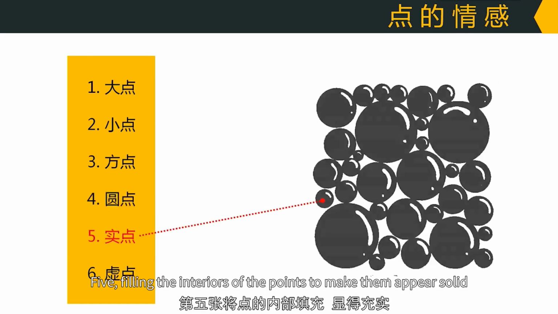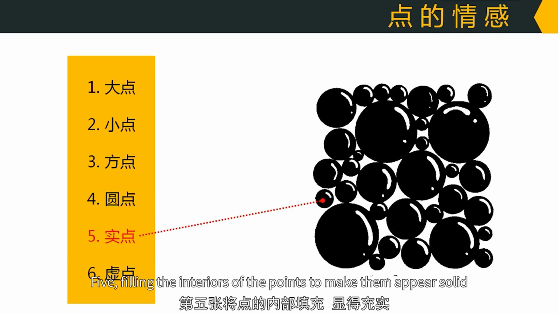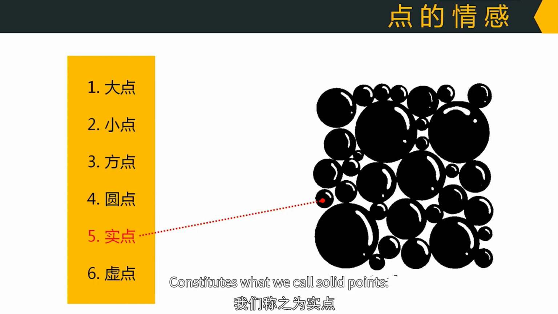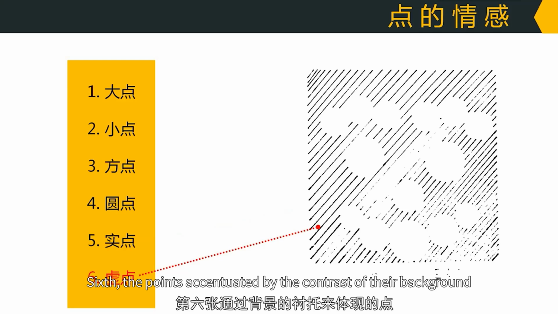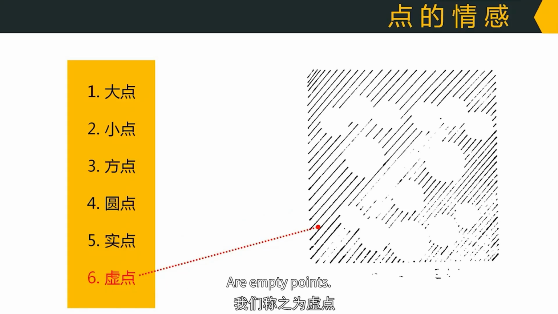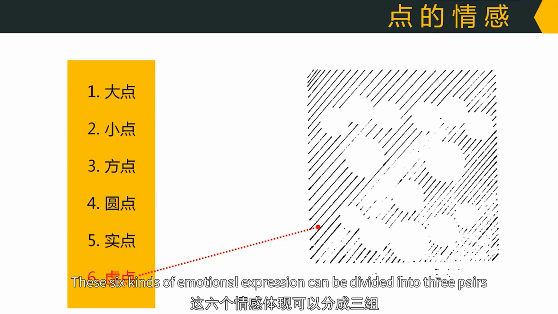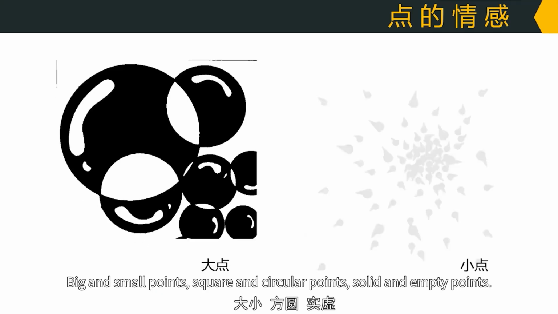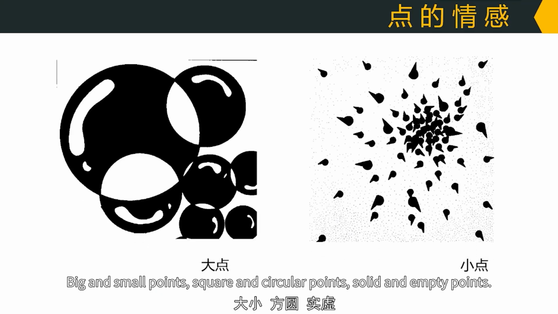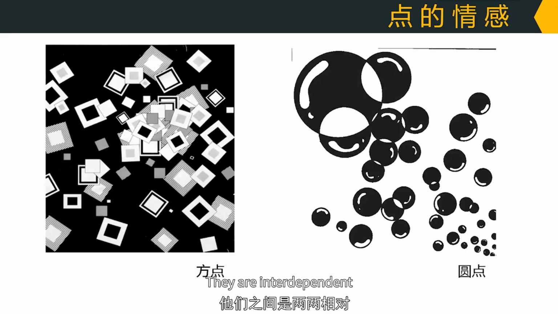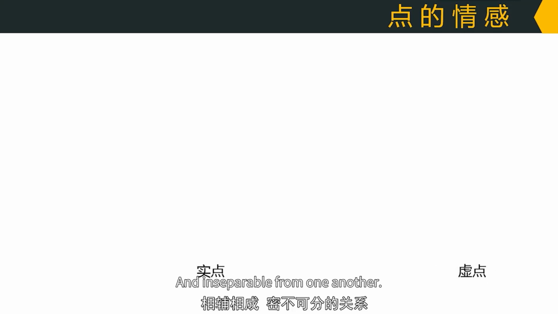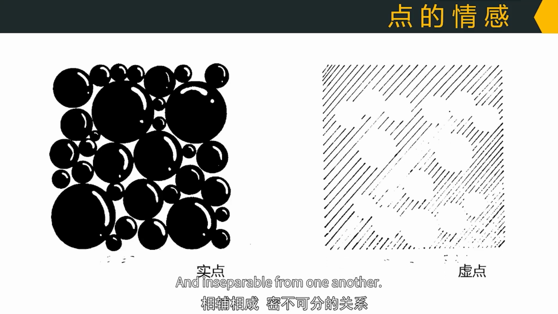Filling the interiors of the points to make them appear solid constitutes what we call solid points. 6. The points accentuated by the contrast of their background are empty points. These 6 kinds of emotional expression can be divided into 3 pairs: big and small points, square and circular points, solid and empty points. They are interdependent and inseparable from one another.